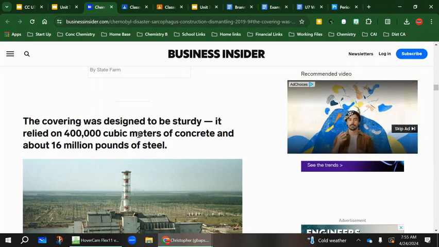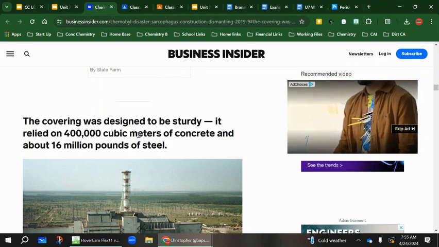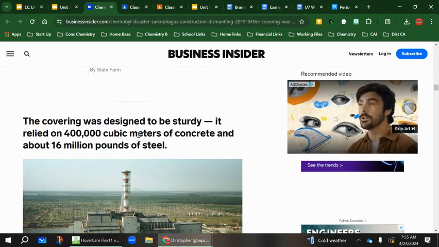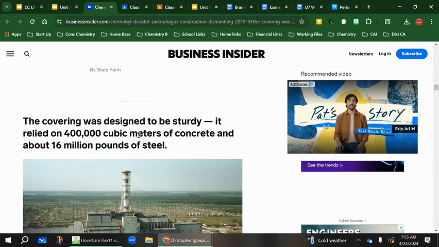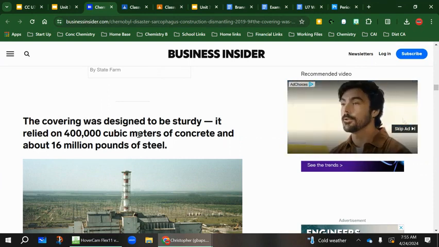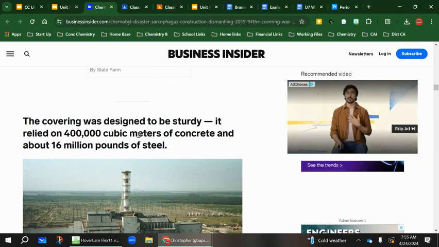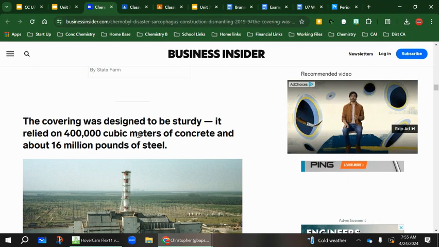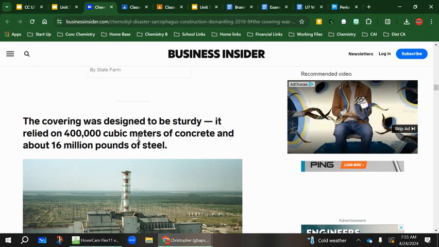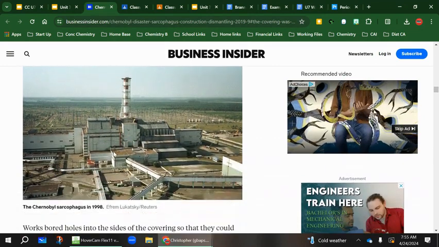If you see an area 9 tiles, 3 tiles by 3 tiles, that's a yard. Now imagine going up those 3 tiles and making a cube that size. That's 1 cubic yard. A cubic meter is just a little bit bigger than that. They used 400,000 cubic meters of concrete to try to cover this.